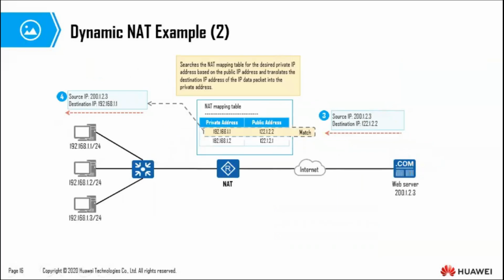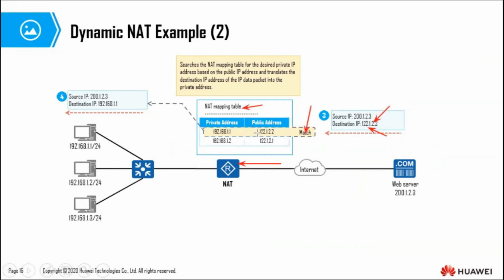Okay. On the way back, what happens? On the way back, the destination IP address is the public IP address 122.1.2.2. So when the egress device receives it, it searches this IP address on its NAT mapping table. Okay, so when it gets it, it's a match.